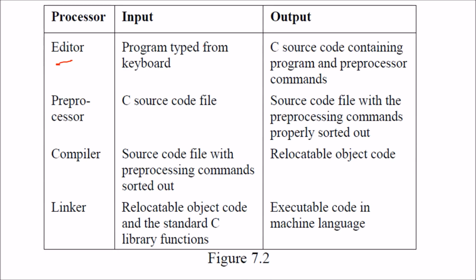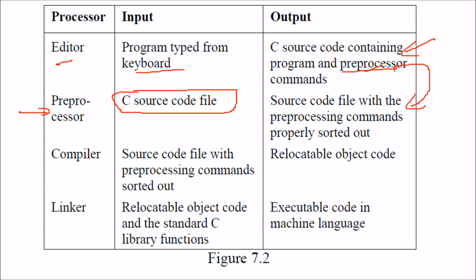So in the editor, you write the program. Then you have the C program as well as the preprocessor directives. After that, the preprocessor works on the C source code file, which includes the directives. Now these directives are expanded, sorted out, and kept inside your program.